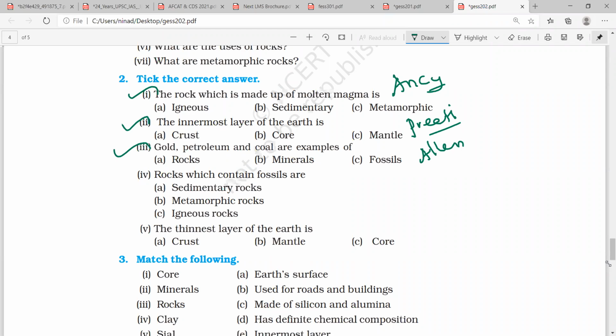Fossils. Anybody else? Minerals. Just now I told you these are minerals. Metallic mineral. Then energy mineral, fuel mineral. These are minerals. Abarna, the fourth question. Sedimentary rock.